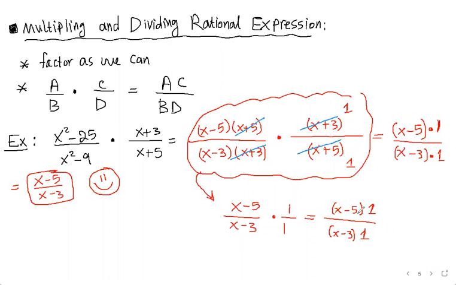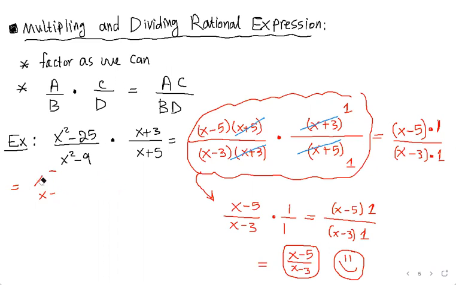And if something is multiplied by 1, it gives me the same thing. And this is equal to x minus 5 over x minus 3. Okay. Makes sense?